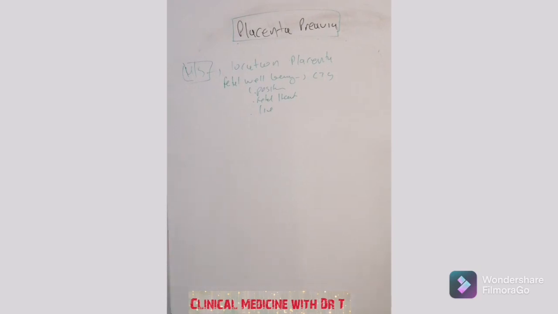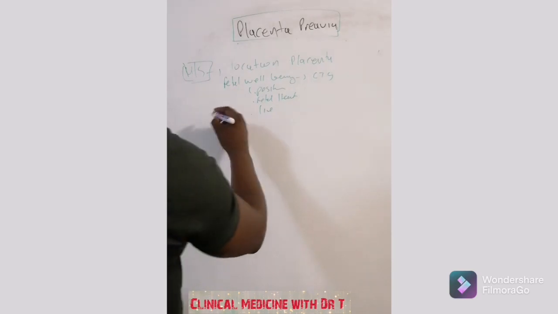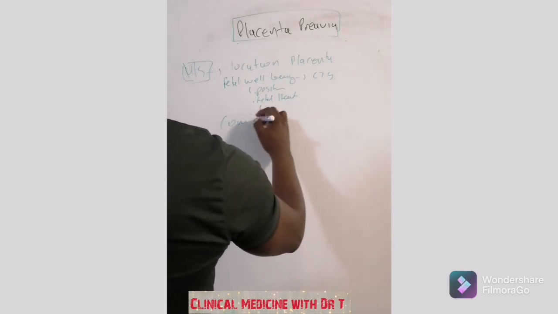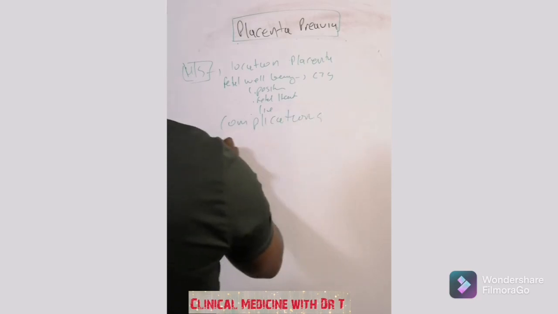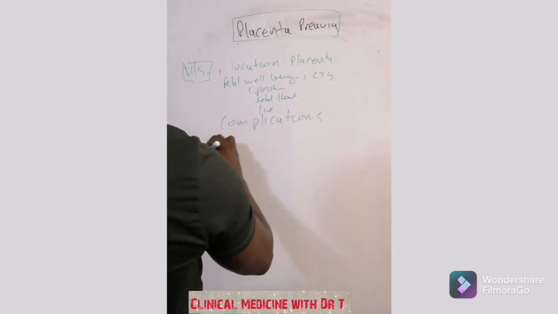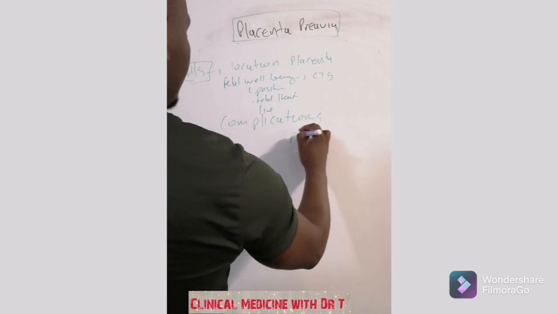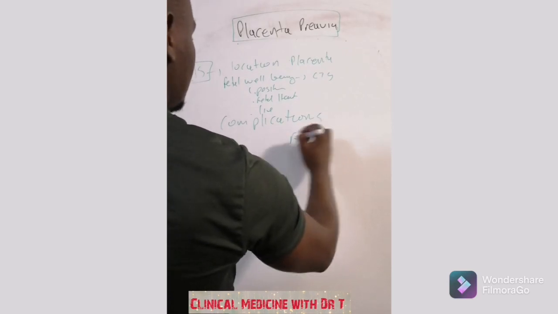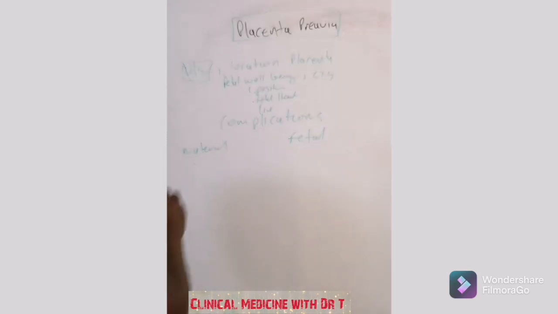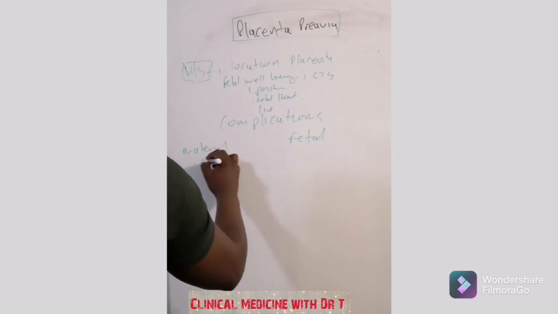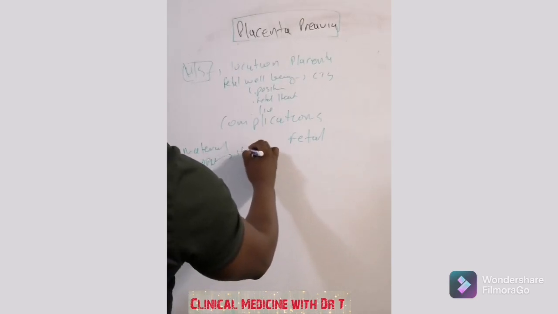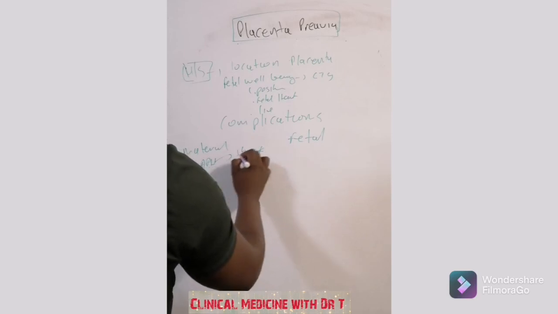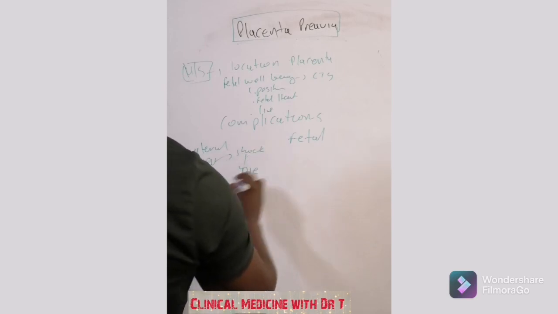So let's quickly talk about the complications. We're going to divide them into maternal and fetal. Maternal would be a major APH can take the mother into shock, and then they can die from that.